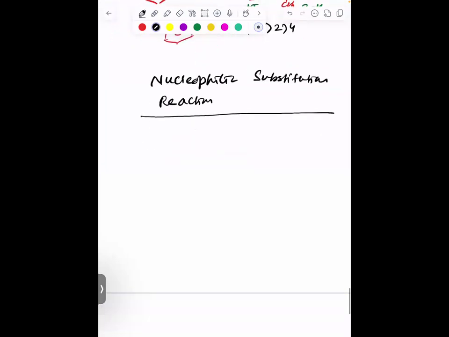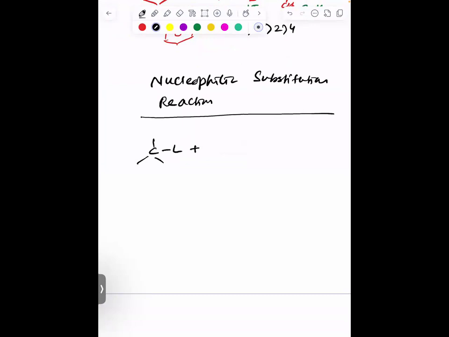The leaving group is substituted by the nucleophile, so it becomes this plus leaving group, right? Nucleophilic substitution reaction. Now just start, then after the short break we will discuss SN1 and SN2 in detail, right?